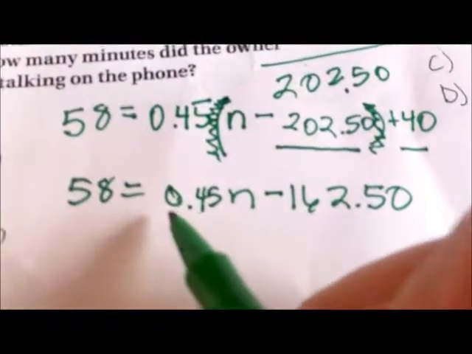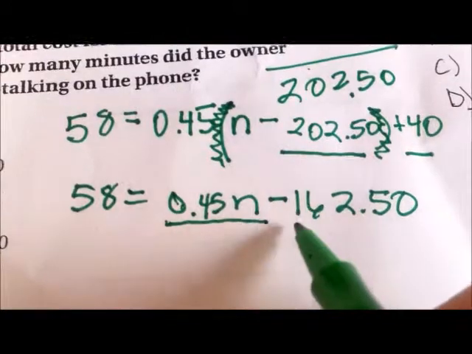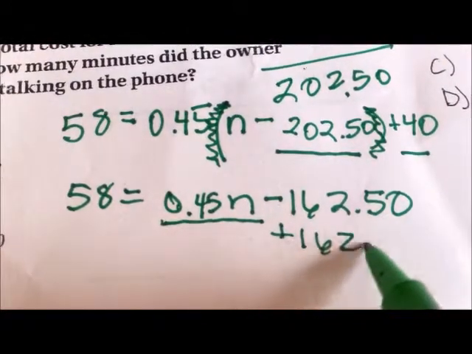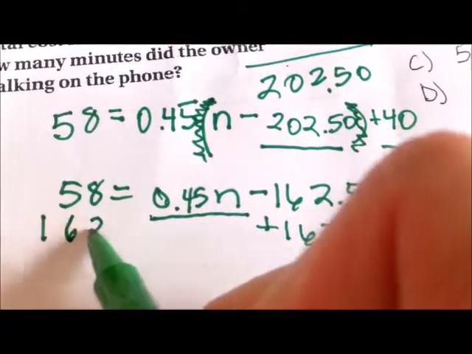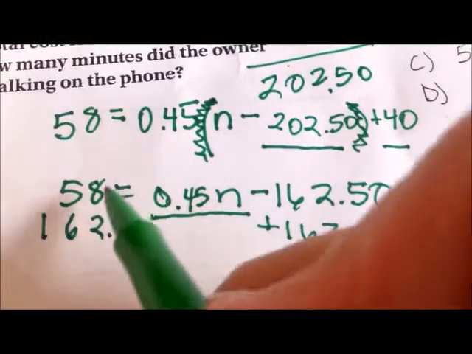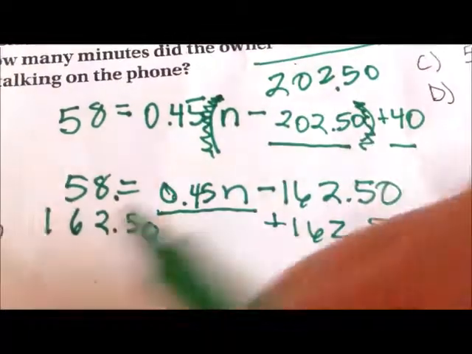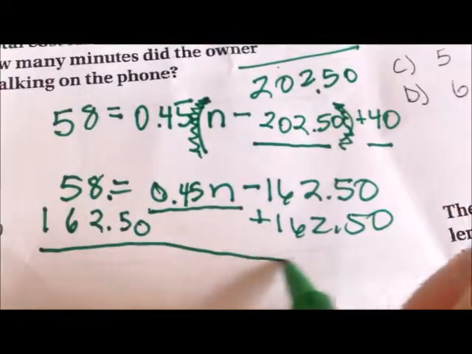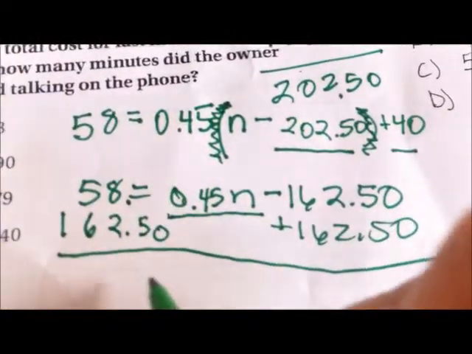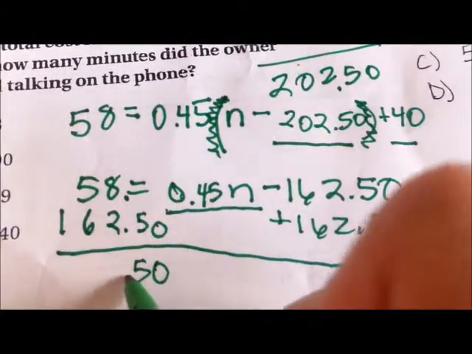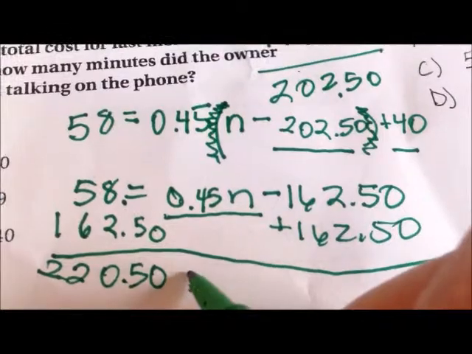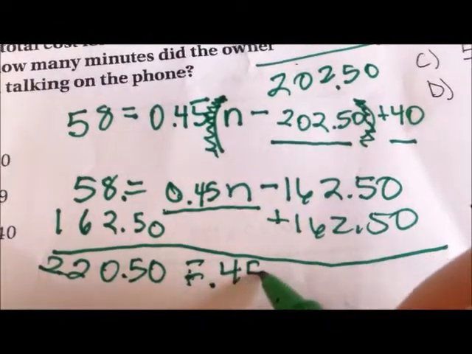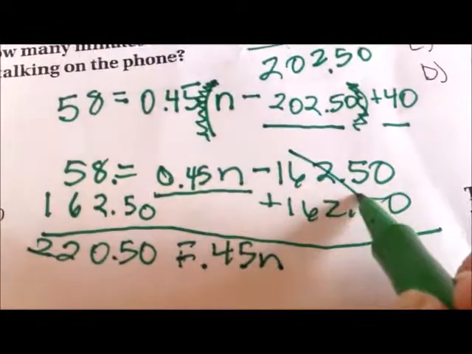Now I want to get this alone, so I'm going to add 162.50 to both sides. And I'm going to make sure my decimals are lined up because 58 has a decimal at the end even though we don't see it. And this is 220.50 equals 0.45n, and this cancels out.